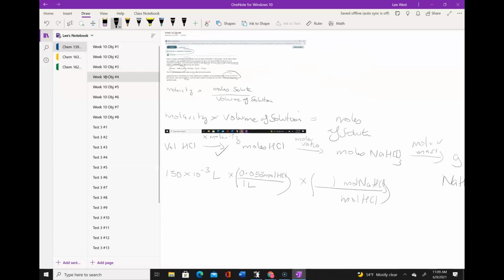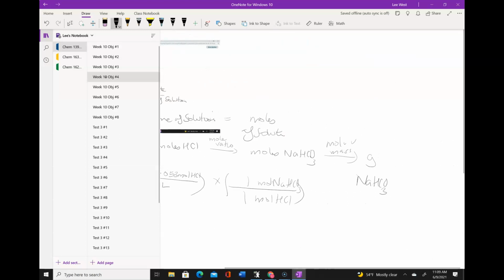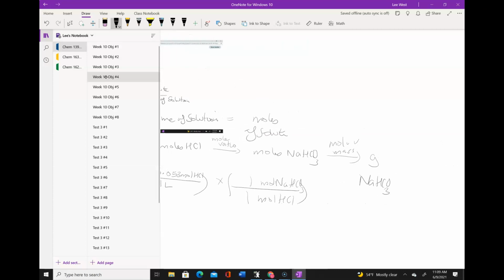So I get 1 mole of sodium bicarbonate for every 1 mole of HCl. So now I've got my moles of sodium bicarbonate, and then finally I've got to multiply it by my molar mass of sodium bicarbonate. So I'm looking to see how many grams of sodium bicarbonate are in 1 mole of sodium bicarbonate.